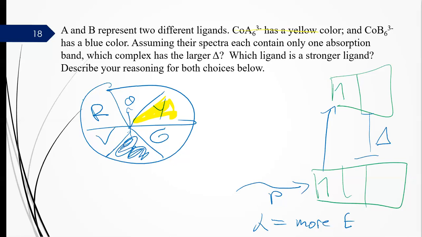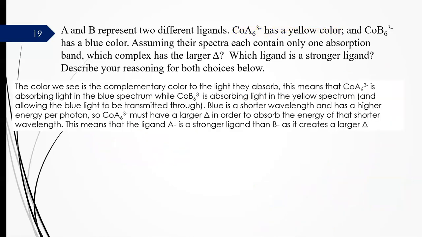Yeah. So it's the opposite of what you would expect, right? The one that looks like a longer wavelength is actually absorbing the shorter one. So the shorter the wavelength, the bigger the gap, and so the stronger the ligand. If you want to see it, it's all written out here.